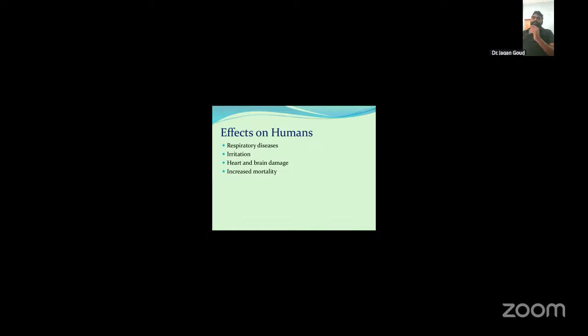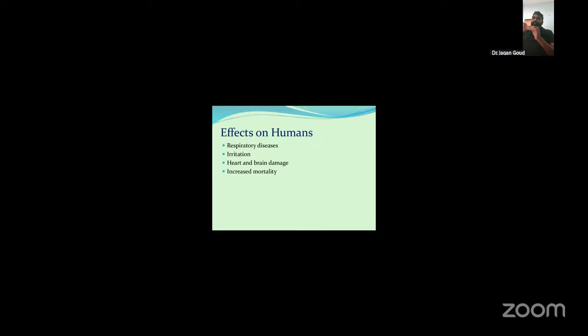PM 2.5 is the more dangerous particle size, and individual susceptibility matters, like children and the elderly. Okay. Pollutants such as PM 2.5, nitrogen oxides, sulfur dioxide, carbon monoxide, and heavy metals are major contributors to adverse health outcomes.